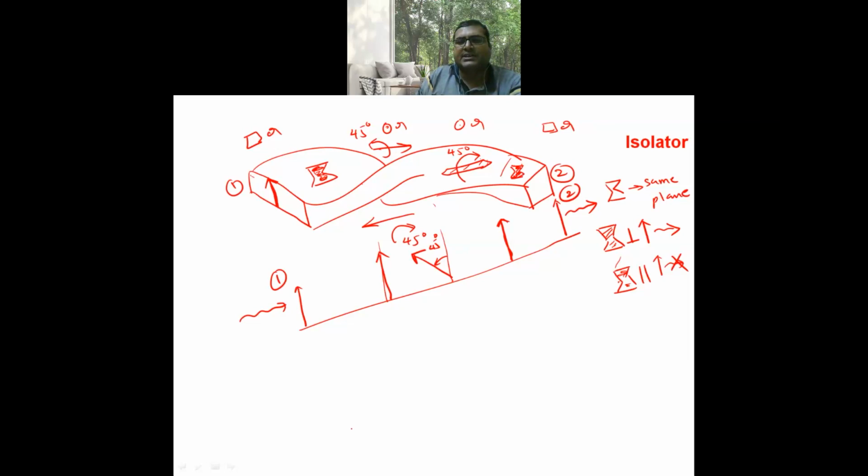Now you can observe when some signal is applied at port 2, in what way it is offering infinite attenuation. Now this is the initial polarization of the electromagnetic wave.